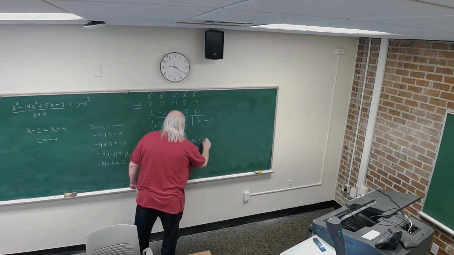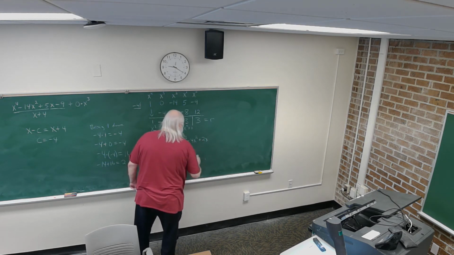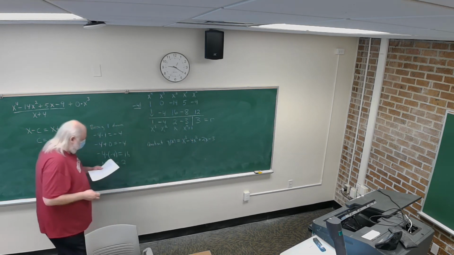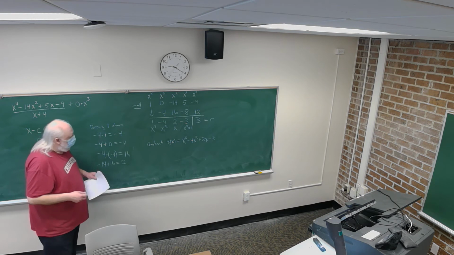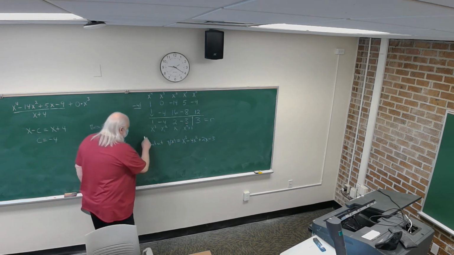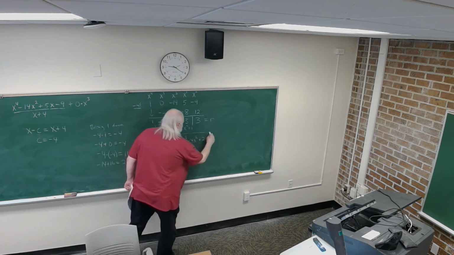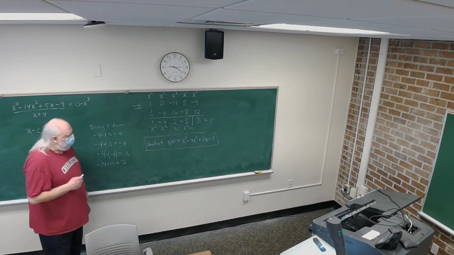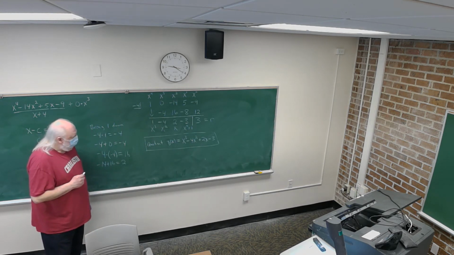Then we have 2 times x. And then we have minus 3 times 1, which is minus 3. Okay? So the quotient is x cubed minus 4x squared plus 2x minus 3.